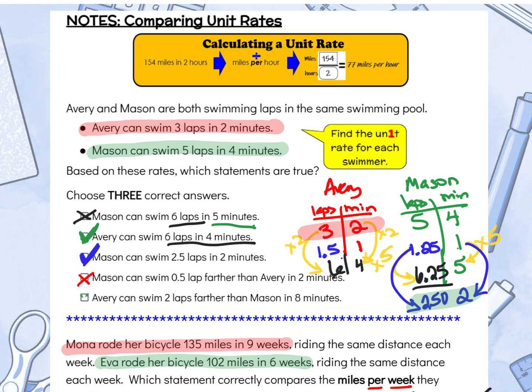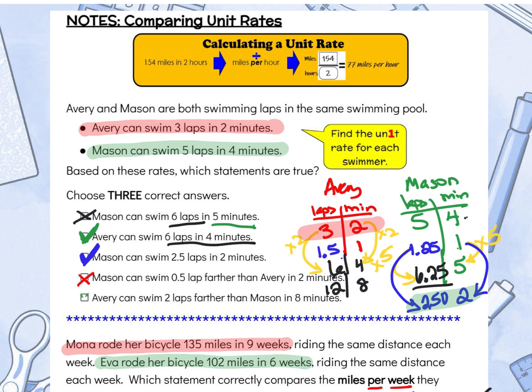And then last off, Avery can swim 2 laps farther than Mason in 8 minutes. So we need 8 minutes on our table. We already have 4, so 8 would be double that, right? So 6 times 2 would be 12. And then let's come over here to Mason. We need to know what Mason has.